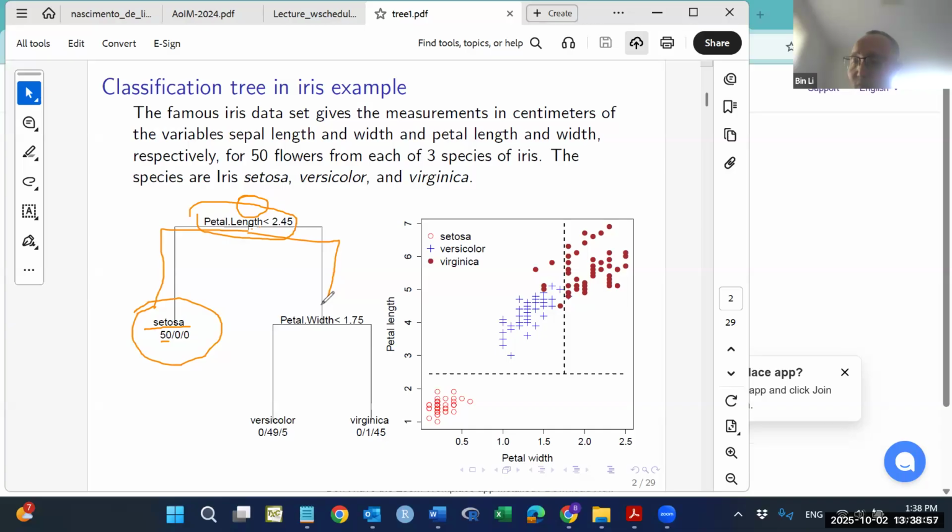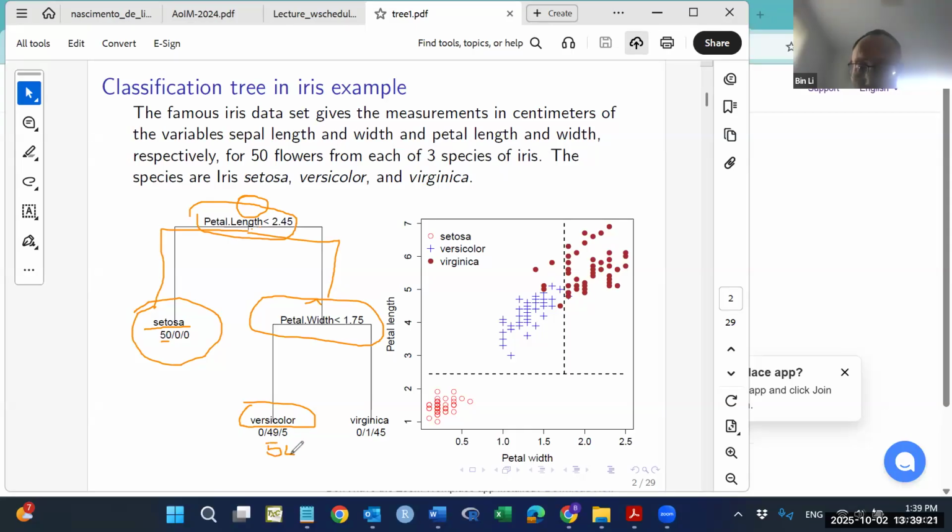For the right branch, we have a further split using the petal width. If the petal width is less than 1.75, then we will predict versicolor. Why? Because we have 54 observations falling into this node.